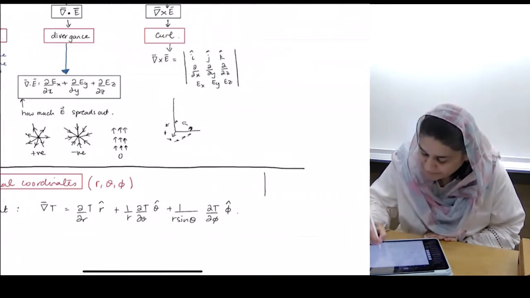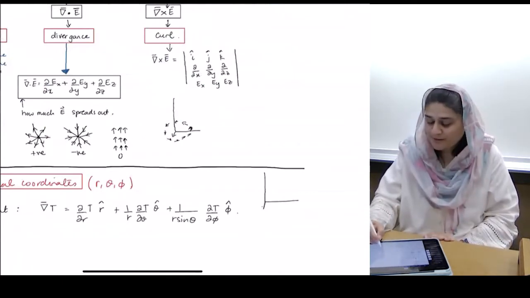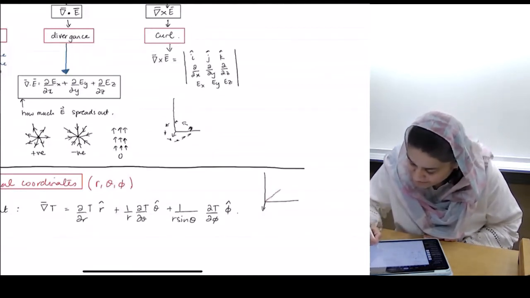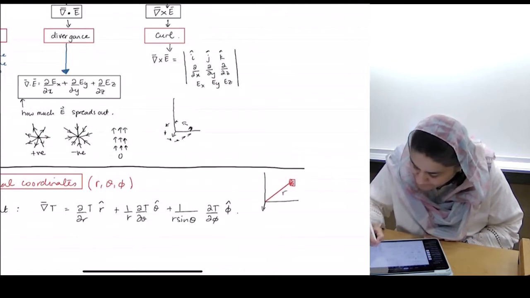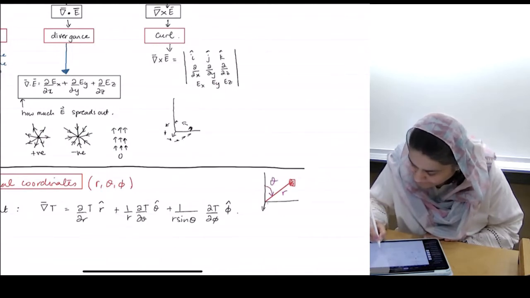And do we all remember, or did we look at the videos? To remember where r, theta, phi exist, this is my r vector. So this is my r, that's my theta, and the projection of it gives me my phi.